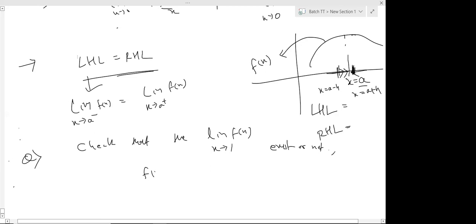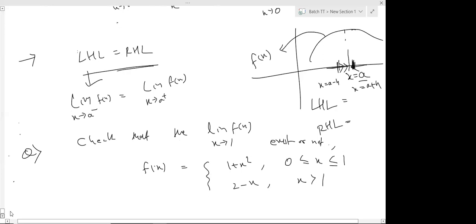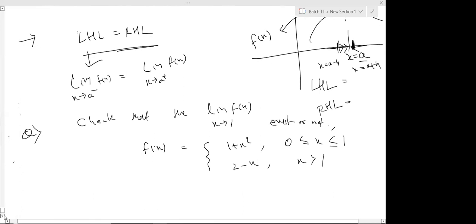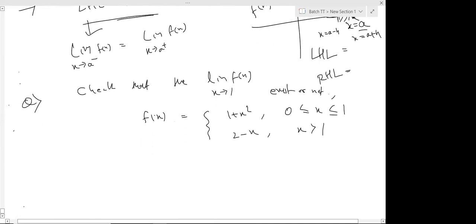f of x is given as 1 plus x square for 0 less than or equal to x less than or equal to 1, and 2 minus x when x is more than 1. So how to solve this? Very simple.